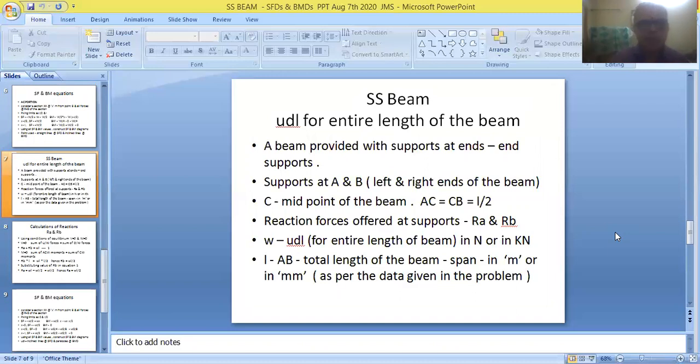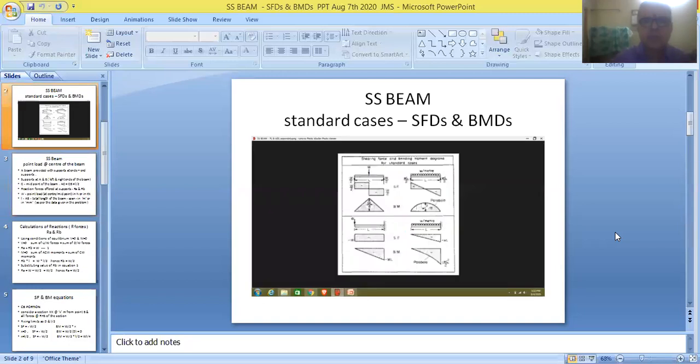So friends, similarly, we can talk about UDL, that is acting for the entire length of the beam. So it is the beam in the second figure as shown. We can see this is the second figure. Now we are going to talk about the second figure.